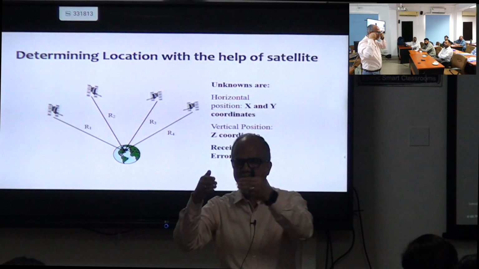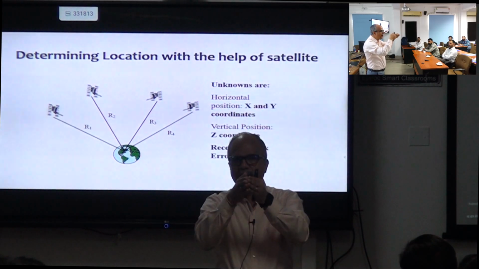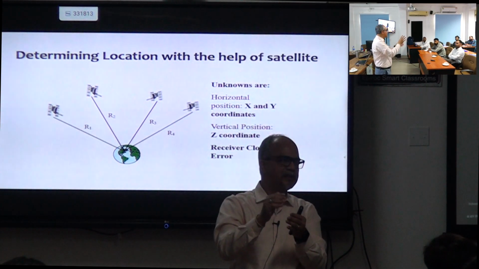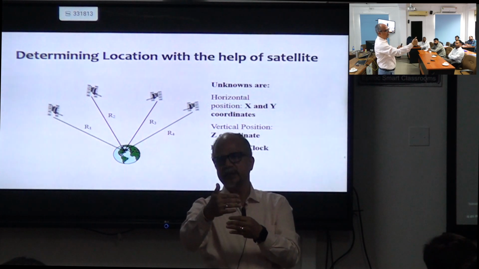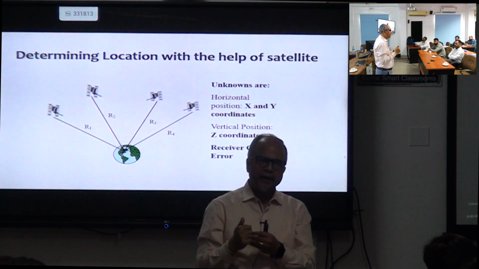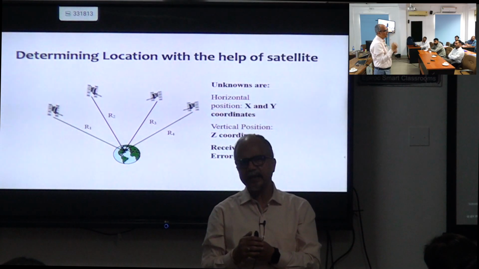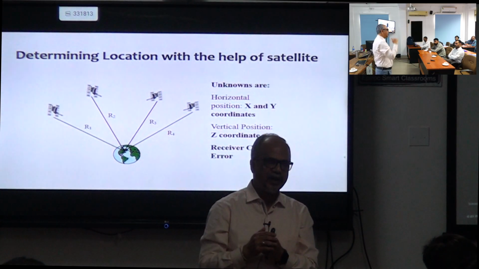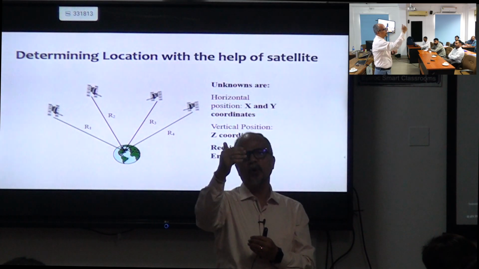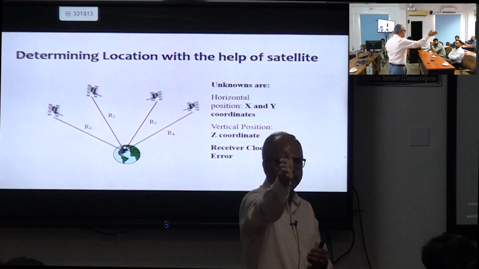If it is close to me, it is a wider angle, and if it is far, it will be a narrower angle. Based on that, we can sense that this object is nearer to us and the other is at a far distance. Now, how far can we do this? Suppose the object is 200 meters away, and another object is 210 meters away. This distance is only 10 meters, is it not?